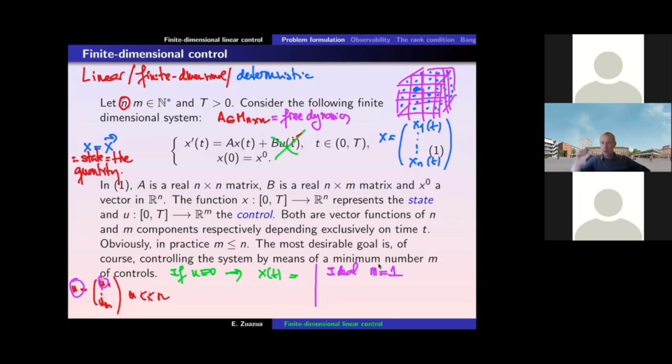And when U is equal to 0, you mean you stop the controlling engine. So you are just regulating the intensity of one control. So the ideal case will be when you have just one control, but the number of state components is huge. So you can aim to control a large dimensional system out of very few controls. So this is the game to play.